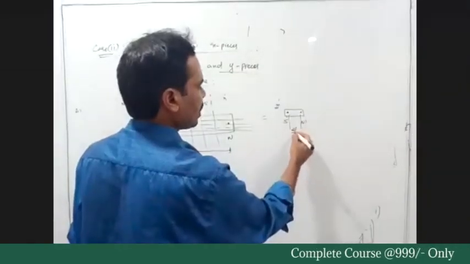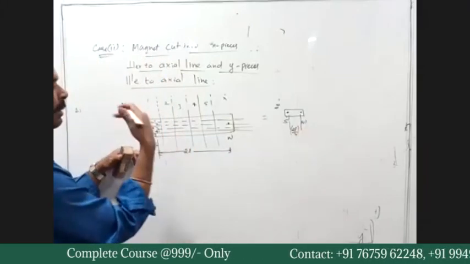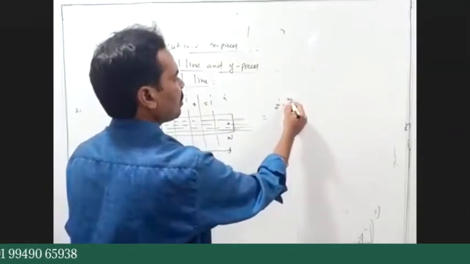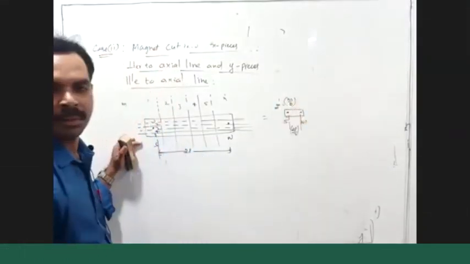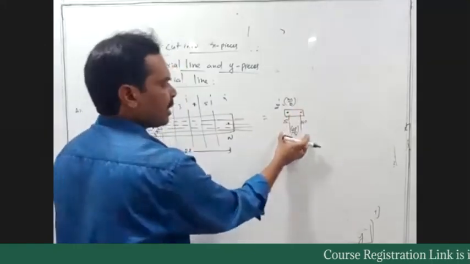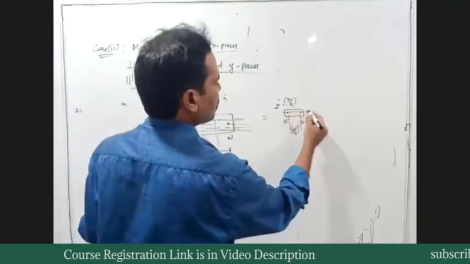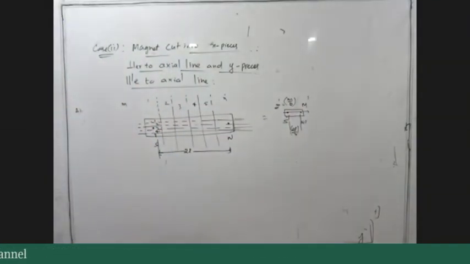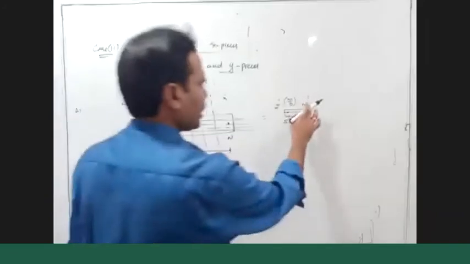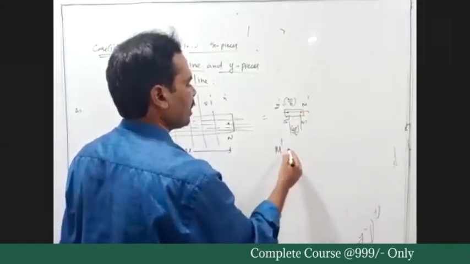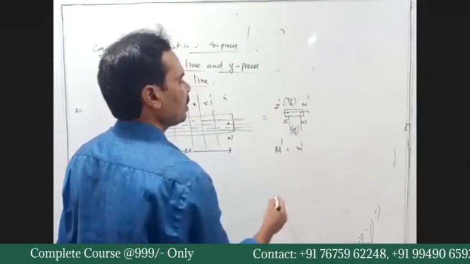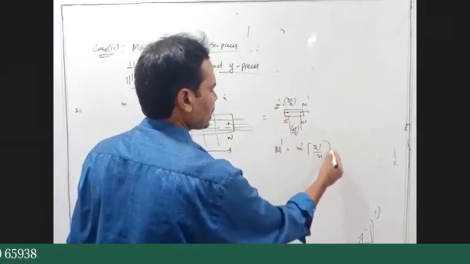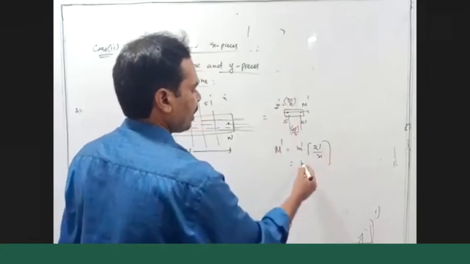Therefore, this length is 2L by X. Similarly, in the parallel direction it is divided into Y, so the pole strength m dash is equal to m by Y. So the magnetic moment of this small piece, from south pole to north pole, is M dash, equal to its pole strength m dash into its length. Its length is 2L by X, and m dash is m by Y.